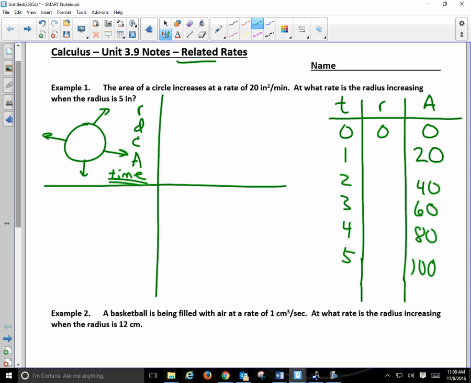Okay, so here's what I'd like you guys to do. U3 right here, I would like U3 to find the radius when the area is 20. Give it to me as a decimal to the nearest hundredth. Don't express it in terms of pi. I would like U4 to find the radius at 40. Okay, I would like U3 to find the radius at 60.